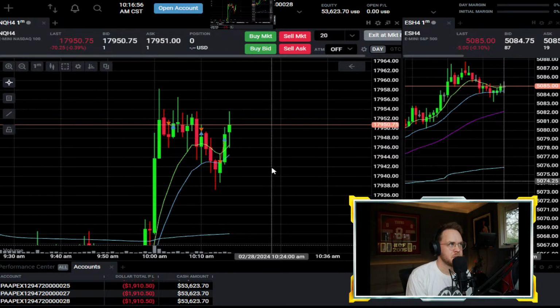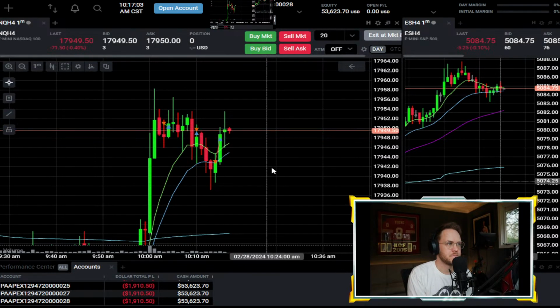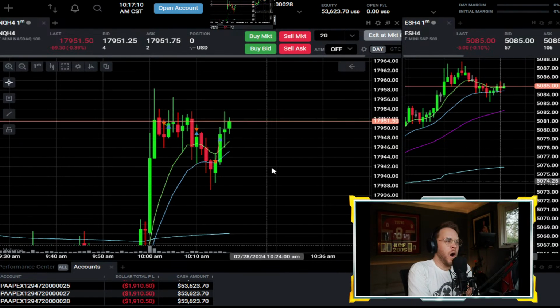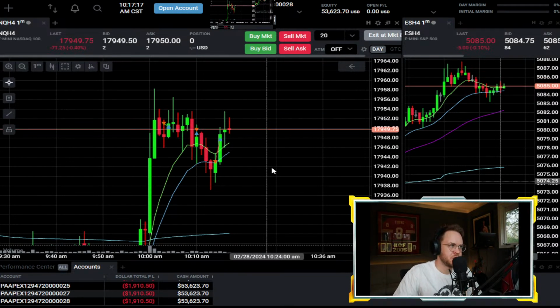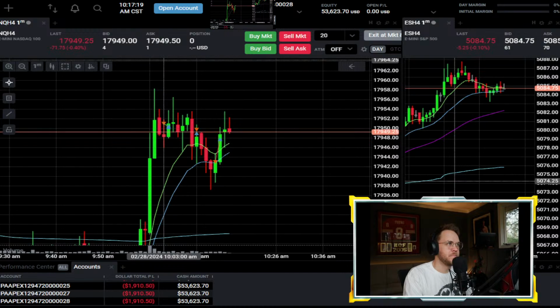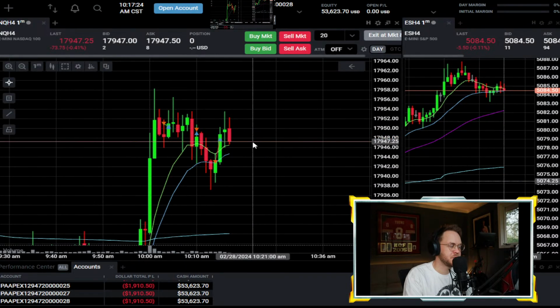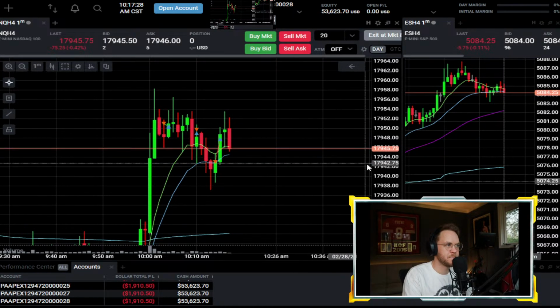Five seconds left on this candle. Buyers are definitely getting a little bit exhausted right here, starting to exit their positions. You can see there really is a big tug of war right now between buyers and sellers.